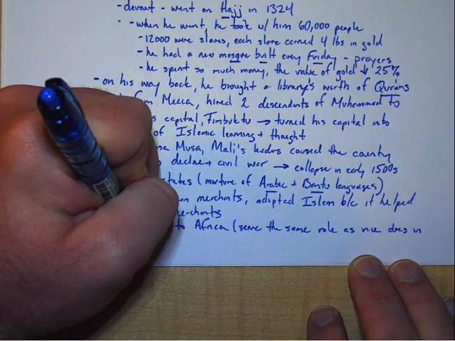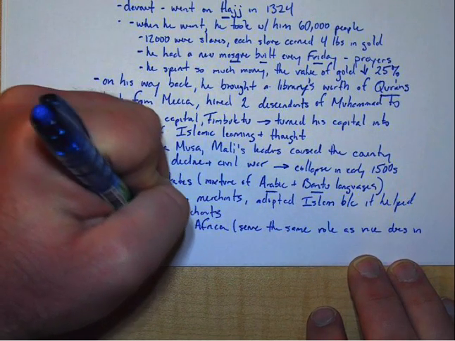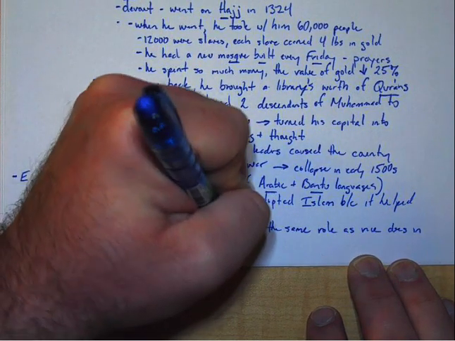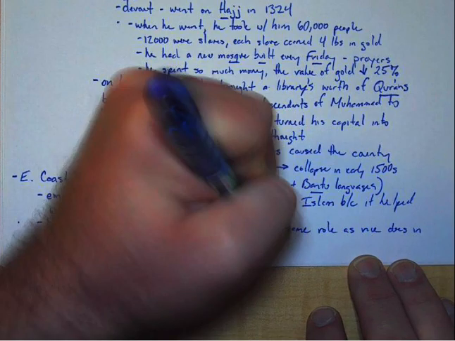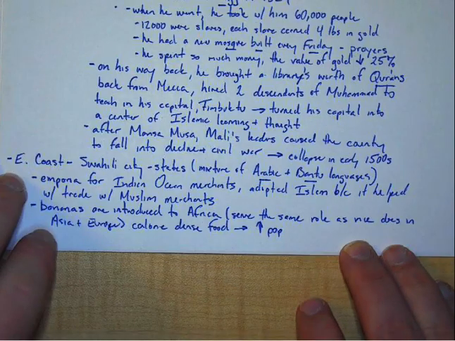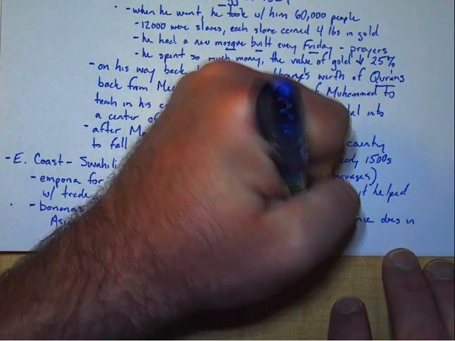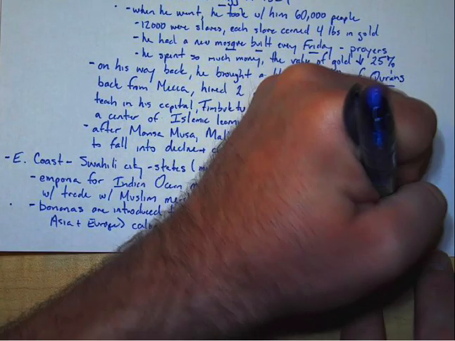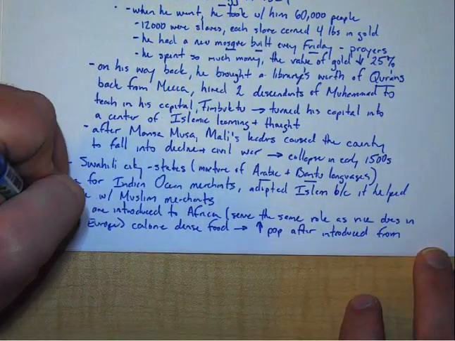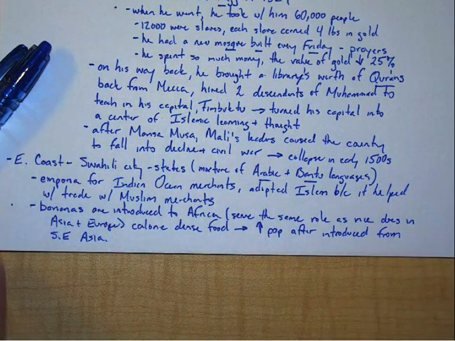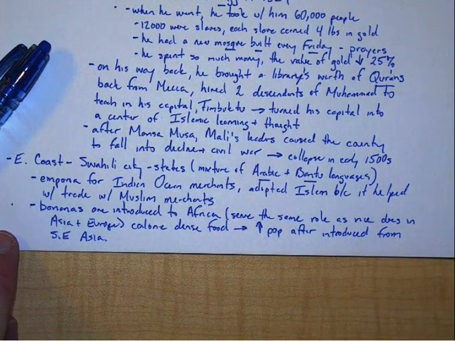It is a very calorie-dense food that causes the population to go up after it's introduced from Southeast Asia. So Southeast Asia is kind of giving the world two really important food crops.